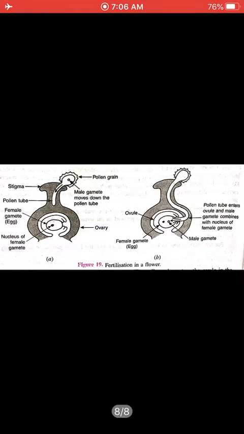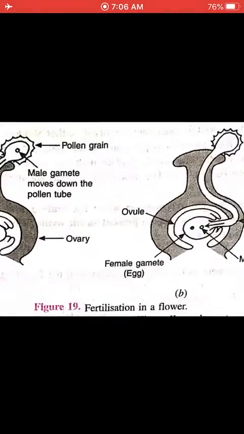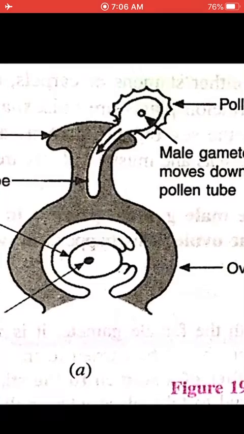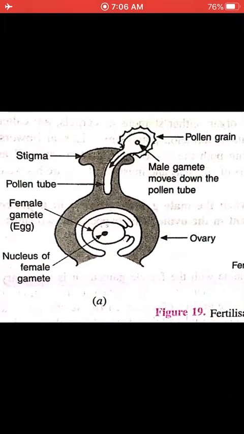After pollination, fertilization occurs. So what happens in fertilization? The pollen grain is first transferred from the anther to the stigma. From that stigma, the pollen grain germinates and forms a pollen tube.